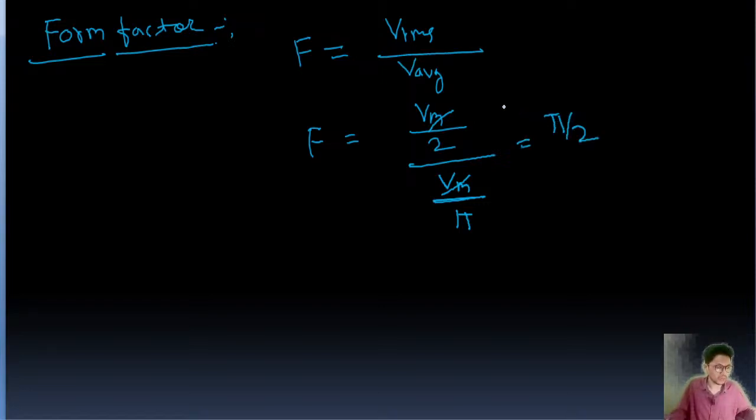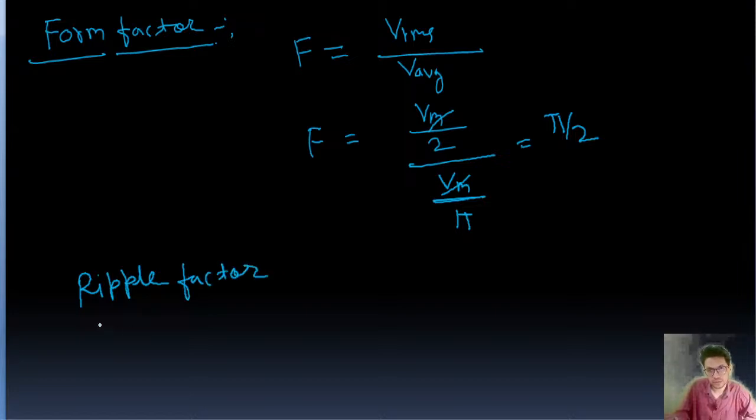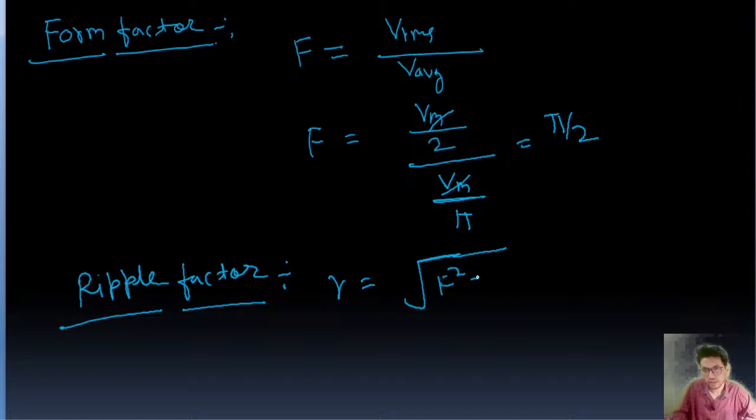Okay. So now we'll find ripple factor. Ripple factor R is going to be root of F square minus 1, where F is the form factor, right?